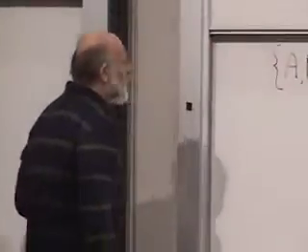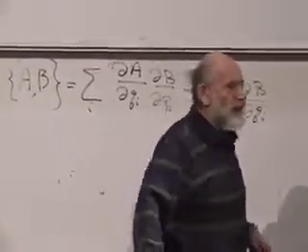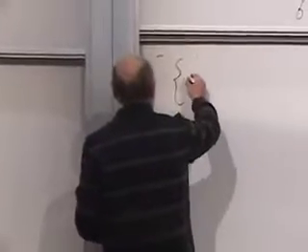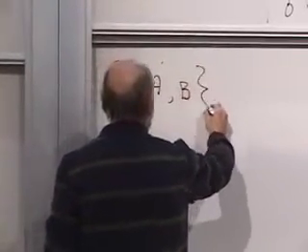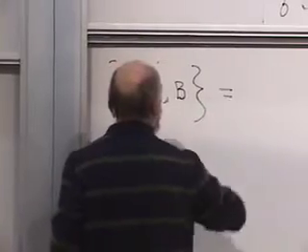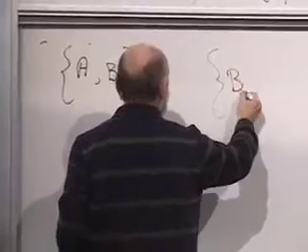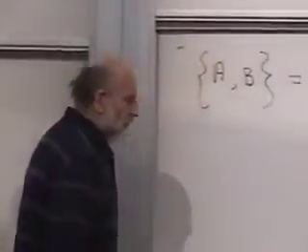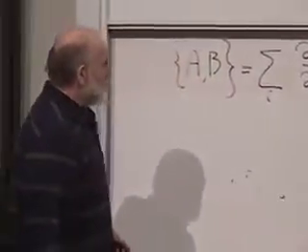The Poisson bracket of A with B is not quite the same thing as the Poisson bracket of B with A. What's the relationship? Not quite. This is not true. Minus. There's a minus sign.